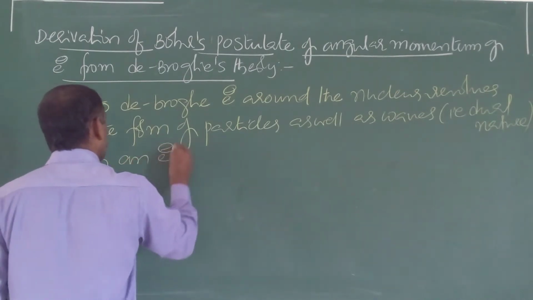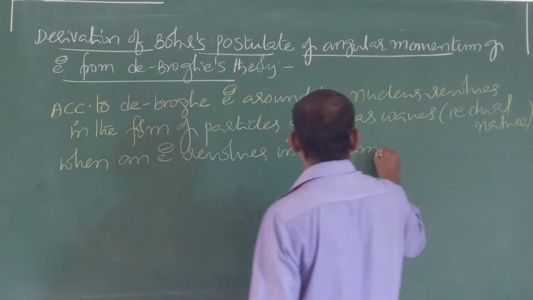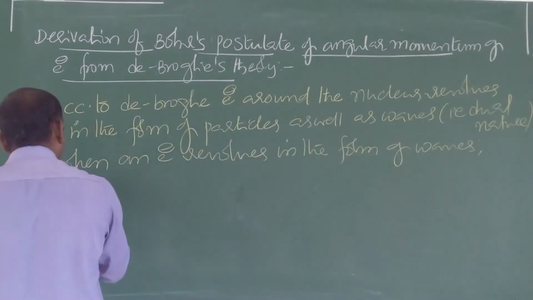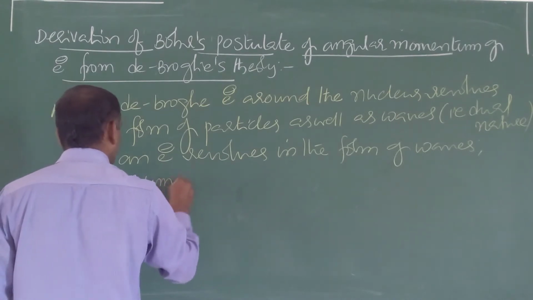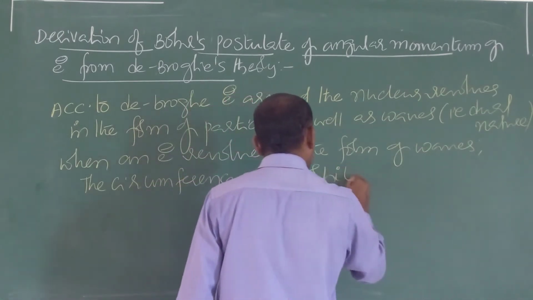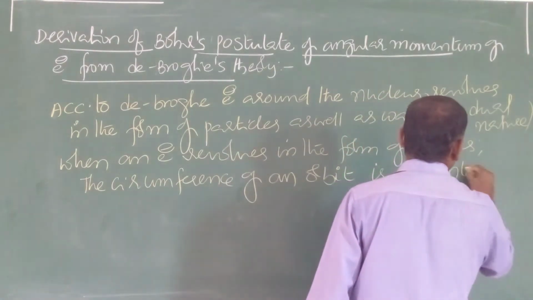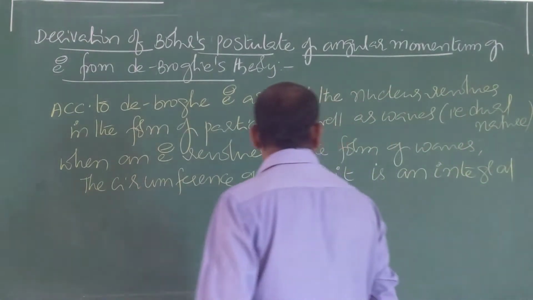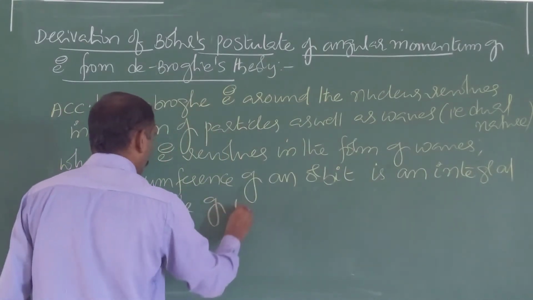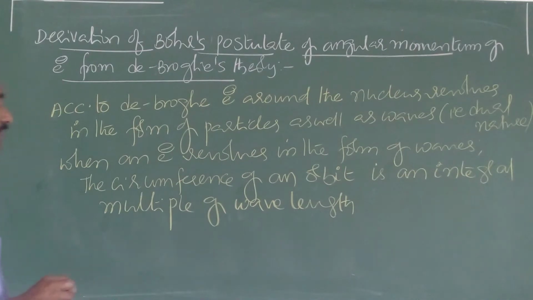When an electron revolves in the form of waves, the circumference of an orbit is an integral multiple of wavelength.